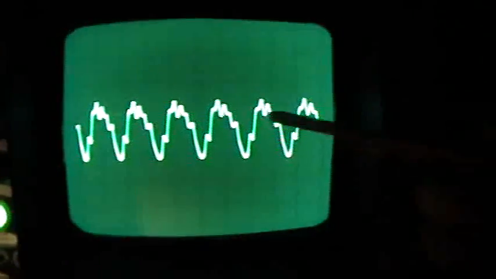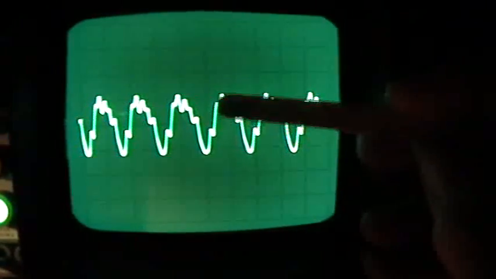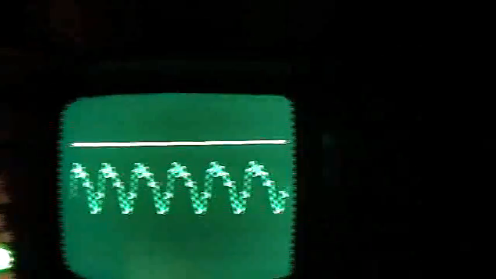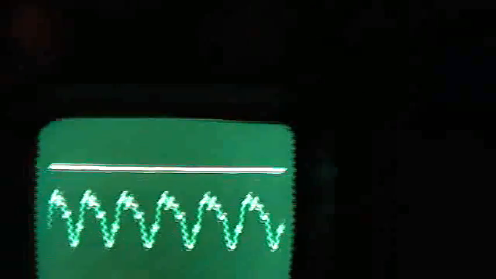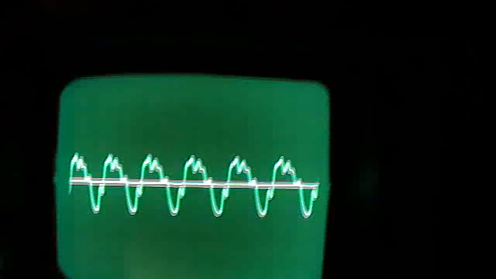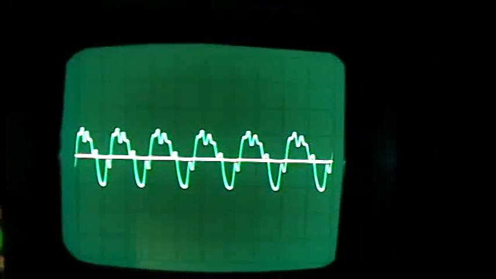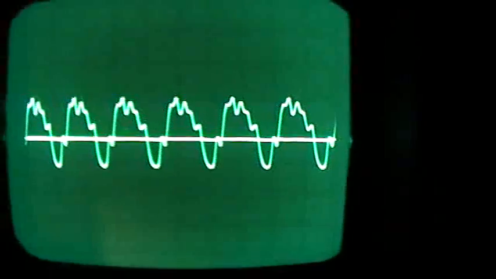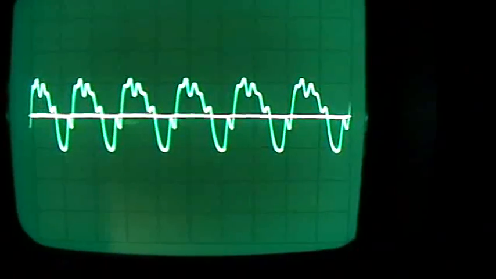Now, right now it looks to me like if I were to do that, hang on a second, let me see if I can put a little marker on there. So now I just turned the A trace display on, and I'm going to put that flat A line, even though it's not indicating anything, I'm just going to use it to mark where exactly the center of the graticule is.